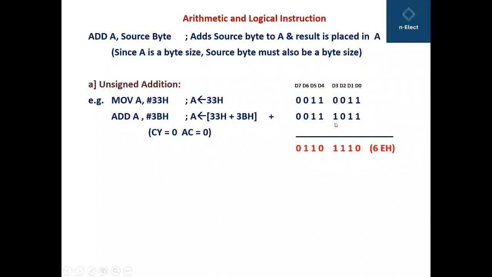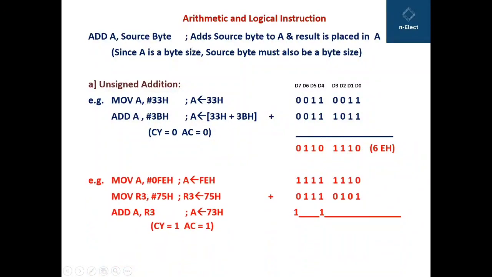When we perform this addition, no carry is generated at the D3 bit position, and therefore auxiliary carry is 0. Similarly, no carry is generated at the D7 bit position, so the carry bit is also 0.